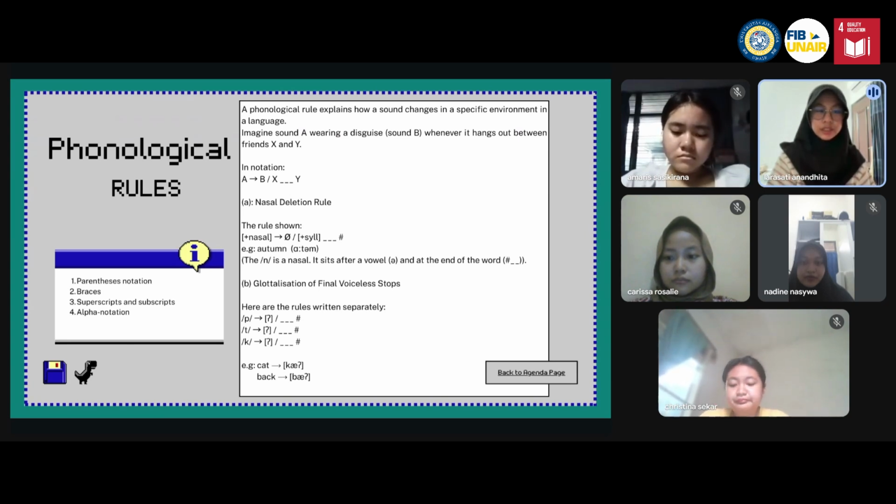The glottalization of final voiceless stops explains that the P, T, K sounds are not fully pronounced. For example, in cat, sometimes people pronounce it without saying the T. And in back, people sometimes say it without pronouncing the K.